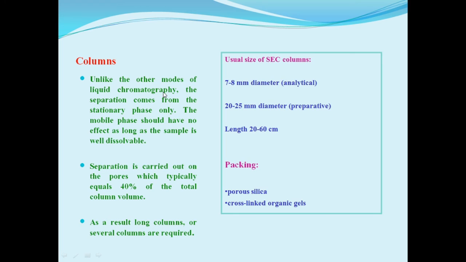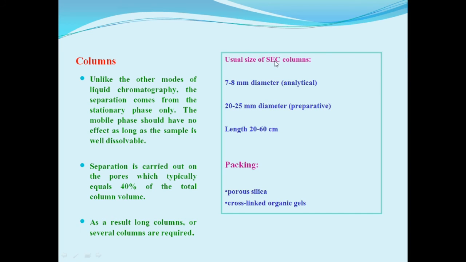Column for size exclusion chromatography. Unlike the other modes of liquid chromatography, the separation comes from the stationary phase only. The mobile phase should have no effect as long as the sample is well dissolvable. Separation is carried out on the pores, typically equal to 40% of the total column volume. As a result, a long column or several columns are required.